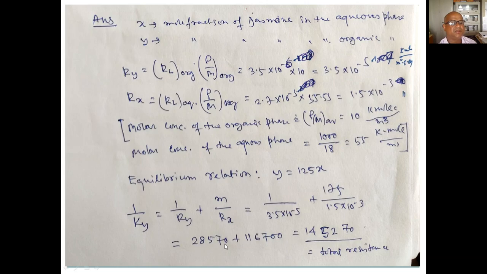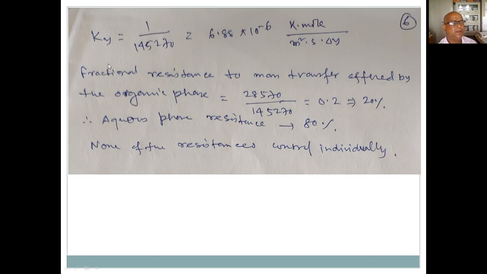This is the resistance from the organic phase, and this is the resistance from the aqueous phase. So total resistance, this plus this, equals 1,45,270. So 1 by Ky, that is your overall mass transfer coefficient capital Ky, is 6.88 into 10 to the power minus 6 kmol per meter square second into delta Y.